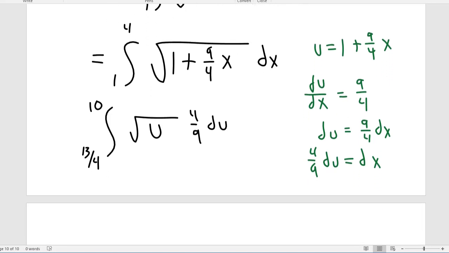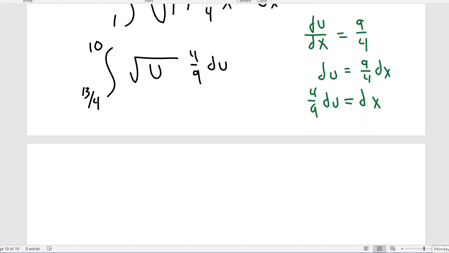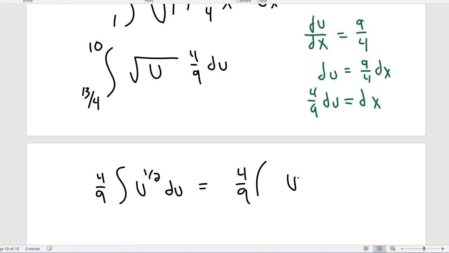So again, just to see this integral all the way through, this is really u to the 1/2. I have a 4/9 that I'm going to pull out of my integral, and I got u to the 1/2. So I'm going to add 1 to the power, so I get u to the 3/2, and then multiply by the reciprocal. And then we're going to evaluate from 13/4 to 10.